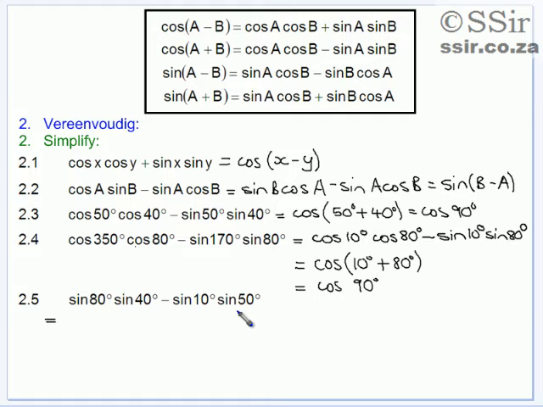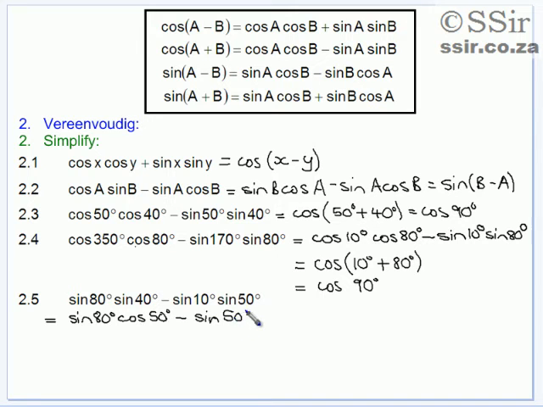So let's have a look. If we start by keeping the sine 80 exactly like it is, then we have a sine ratio and we are looking for a cos ratio. So sine 40 we can write as cos of 50 degrees. Minus, by now we have established that the angles we are working with are the 80 degrees and the 50 degrees. So we already have a sine 50, so let's write that down now.